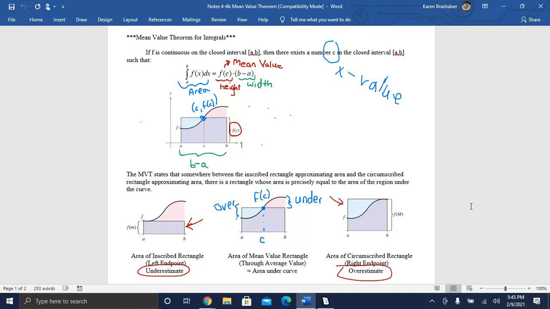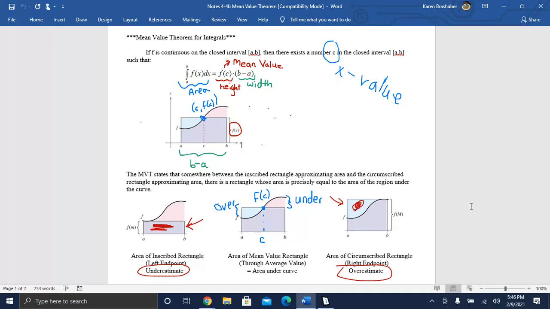I tried to show you a little bit better illustration here in the middle of your page. If we draw a left endpoint rectangle, you'll see that this rectangle will underestimate this area right in here. And on the far right, if we draw a right endpoint rectangle, we have an overestimate, as you see happening in this little area.